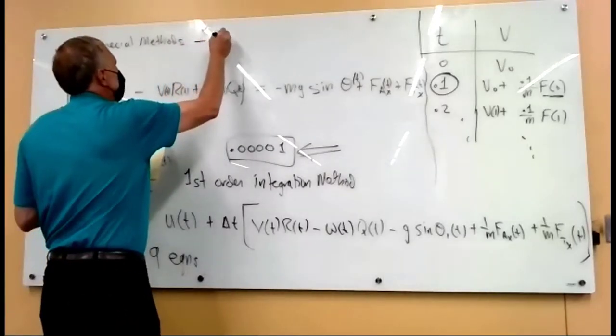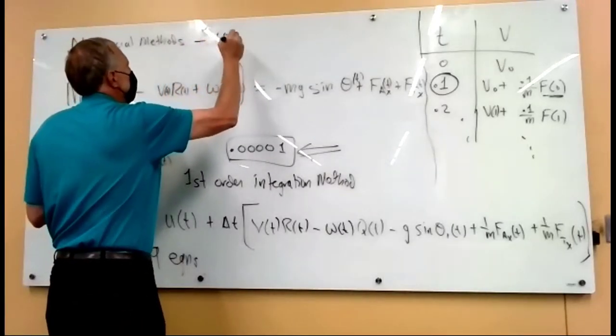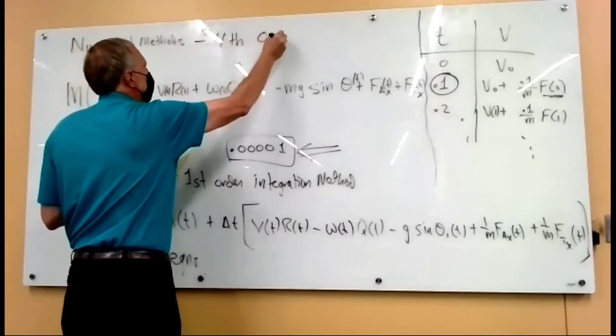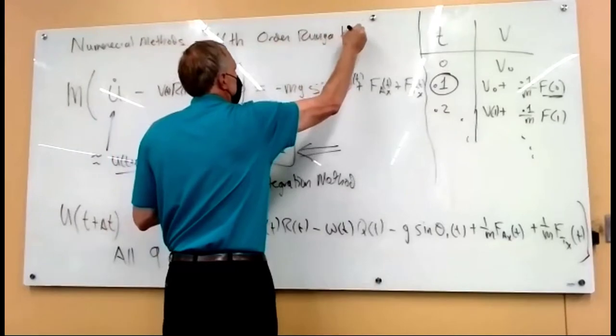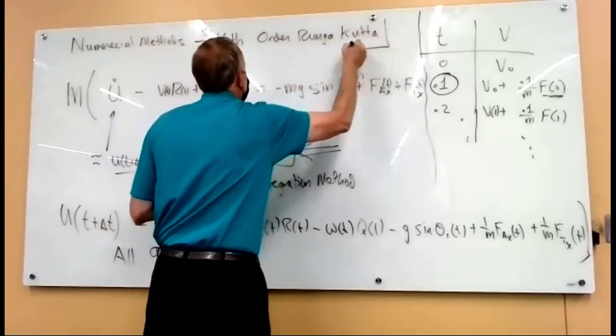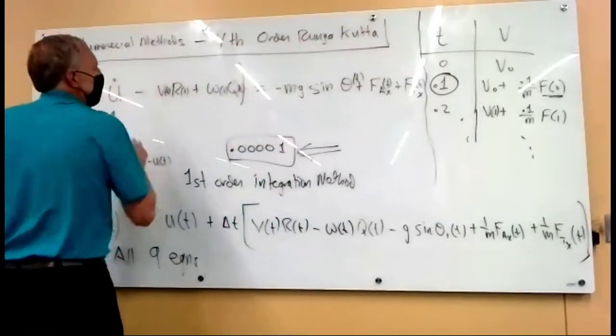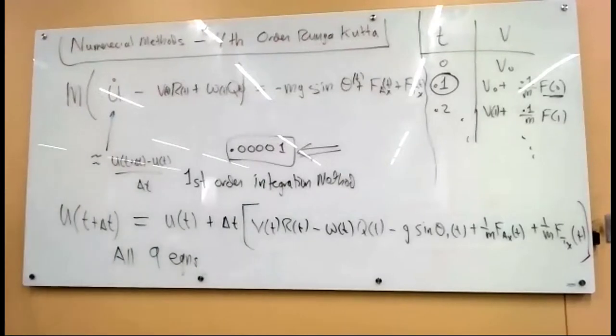And the one that's usually used for airplane integration is fourth order Runge-Kutta, and it's a powerful method that actually does 4 steps forward in predicting and correcting itself to even get just one integration time step.